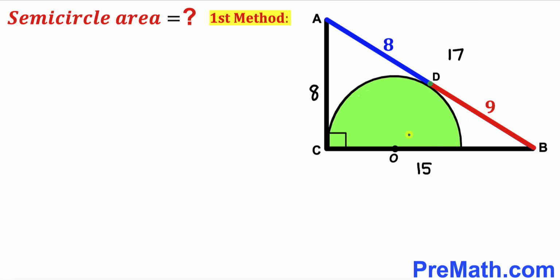In this next step, I'm going to connect this center O with this point D, as you can see. Now we can see that this OD is the radius of this semicircle, so I'm going to label this one as lowercase r. Likewise, this segment OC is the radius lowercase r as well.